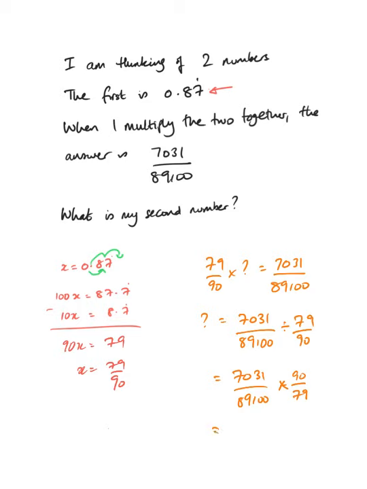So 7,031 times 90 is 632,790, and on the bottom we will have 7,038,900, which, if you put it on your calculator, simplifies to 89/990.